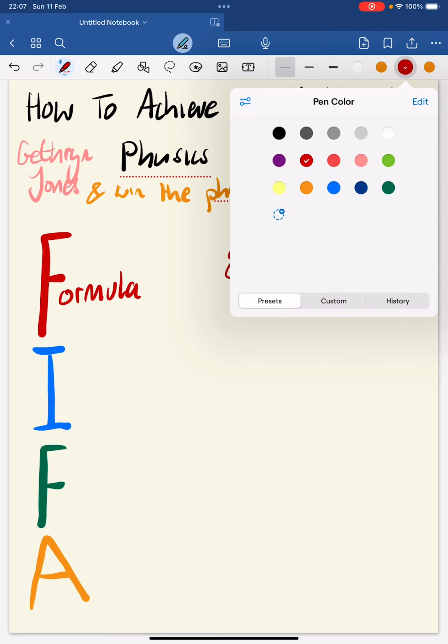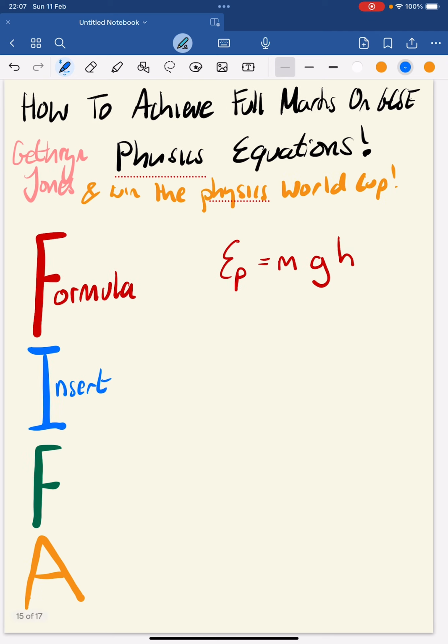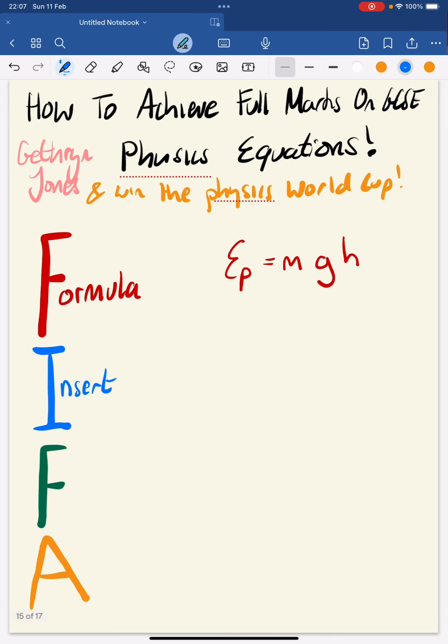The next thing we want to do is to insert our values. And these values will be given to you in the question somewhere. So from highlighting these in the question stem, you can put them in here and you'll gain a mark for it.